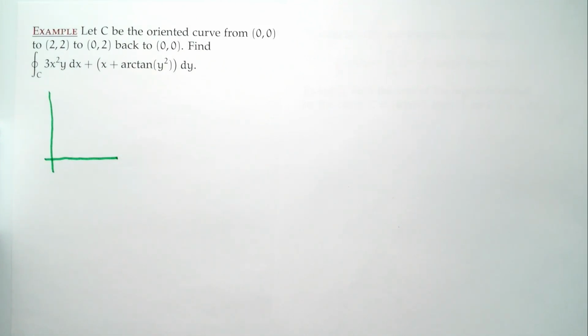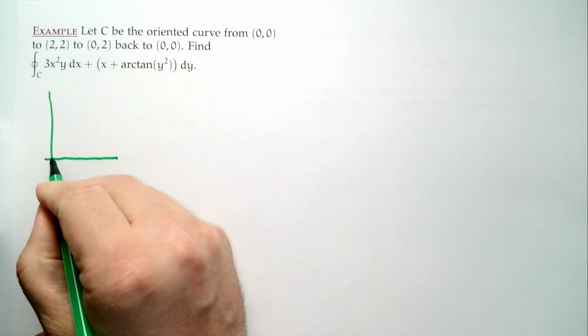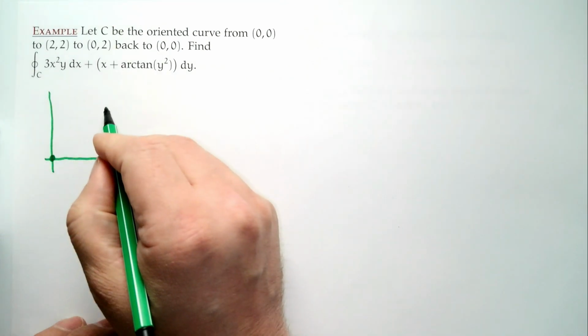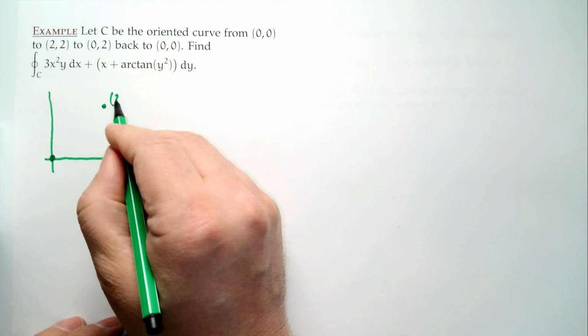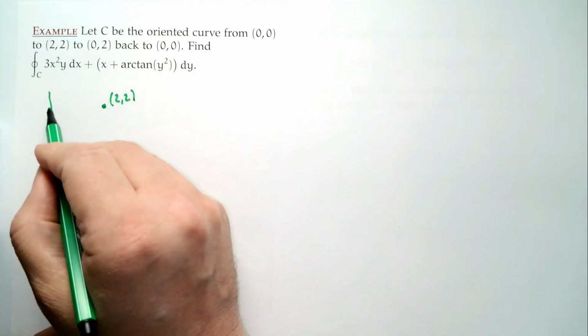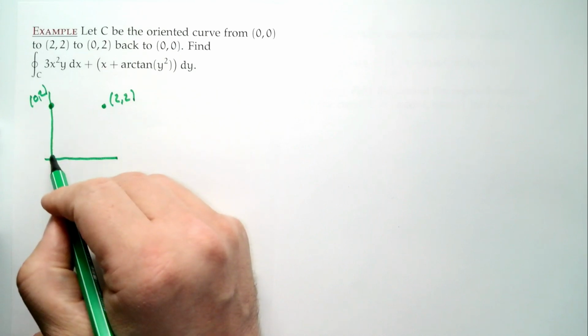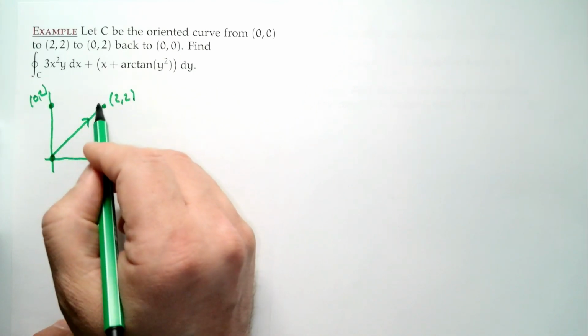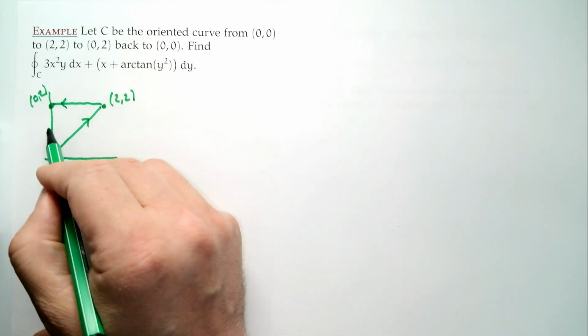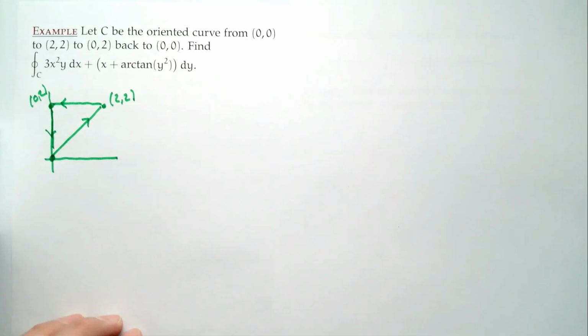I wonder. We start at 0, 0. Then we're going to go to 2, 2. So here's 2, 2. Then we're going to go to 0, 2. So there's 0, 2. And then we're going to go back. So our curve has 3 parts.